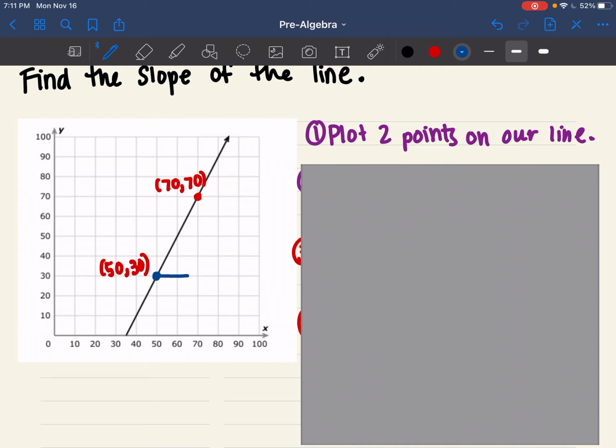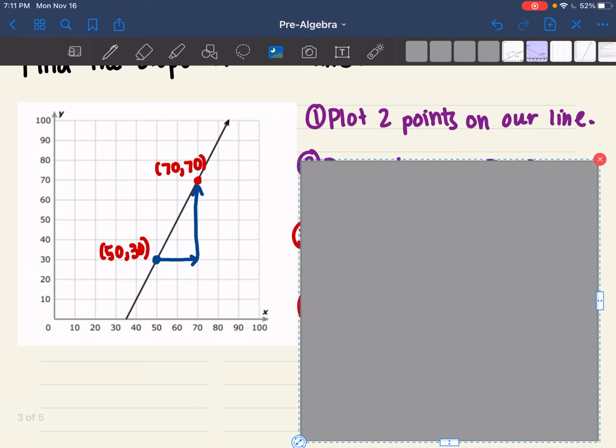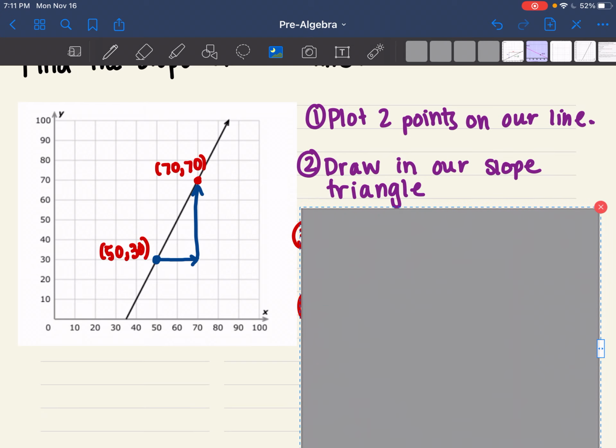So I'm first going to start off by going 2 boxes to the right, and then I'm going to go 4 boxes up. Because I went to the right, that's going to be positive, and up is going to be positive as well. Now I need to look at my scale, and I need to make sure that I'm labeling the correct distances on my slope triangle.